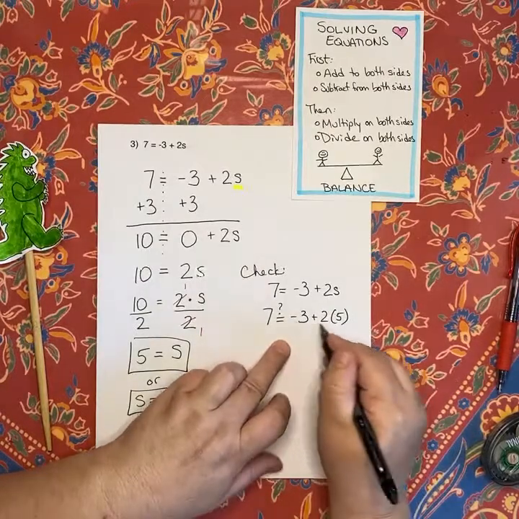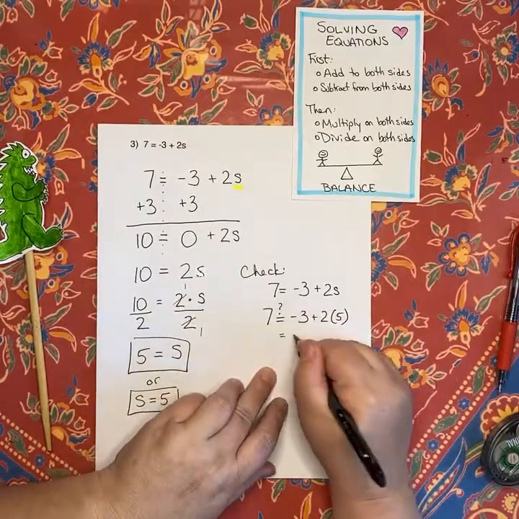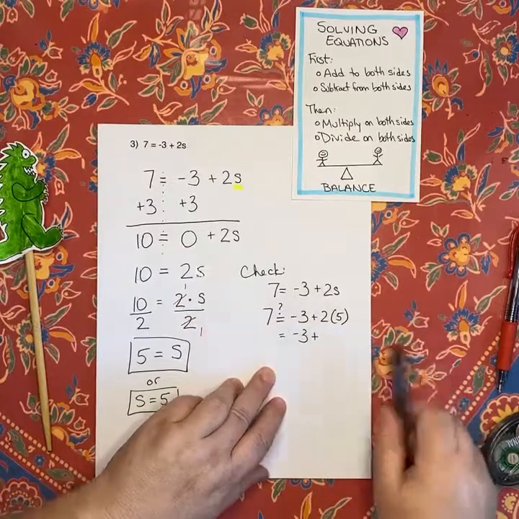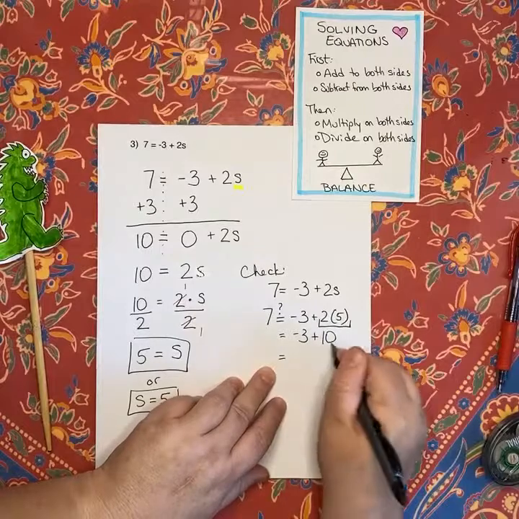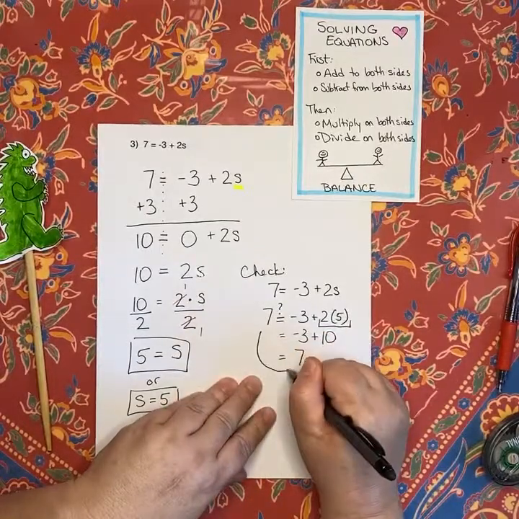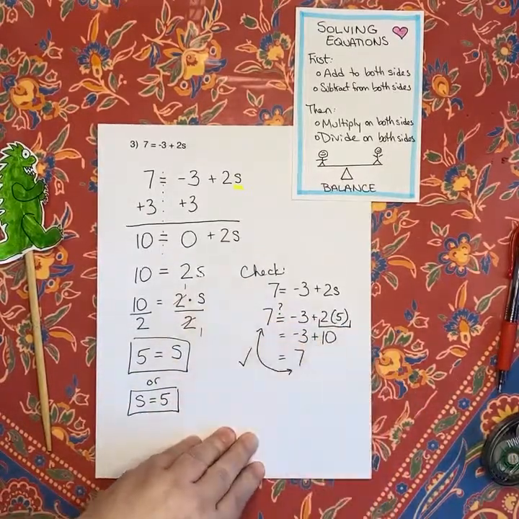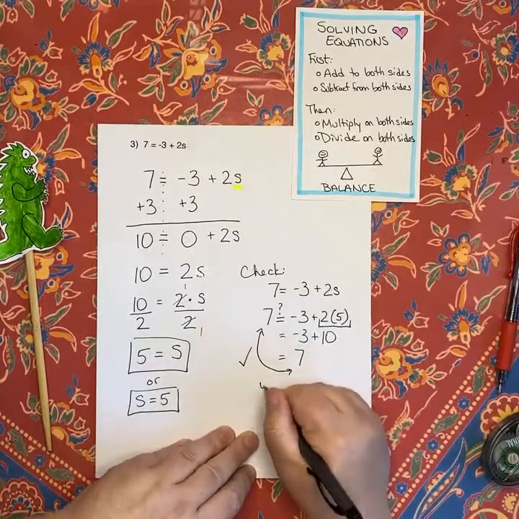So I've got -3 plus 2 times 5. 2 times 5 is 10. -3 plus 10 is 7. It did in fact check. Woohoo, it worked.